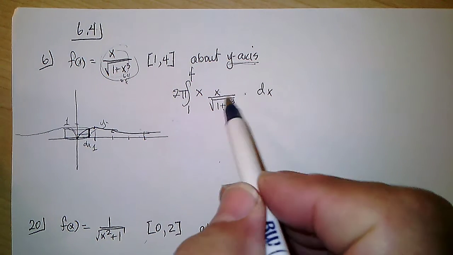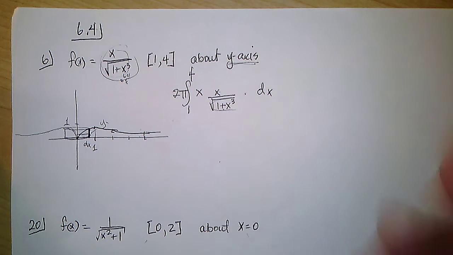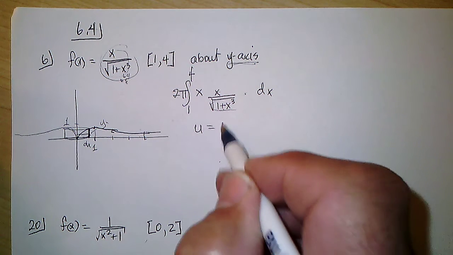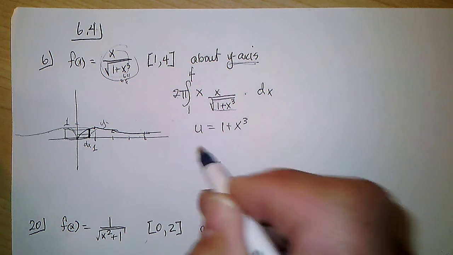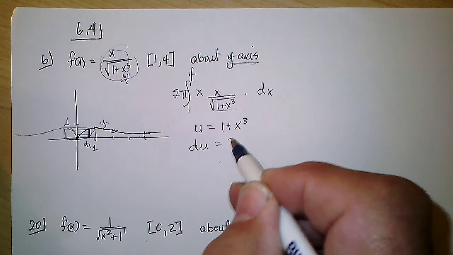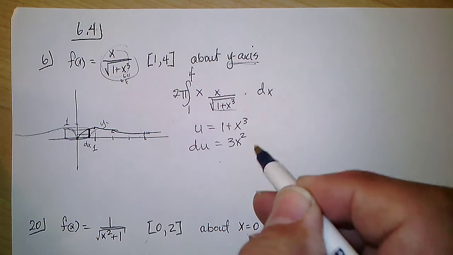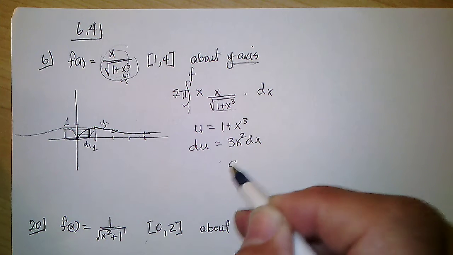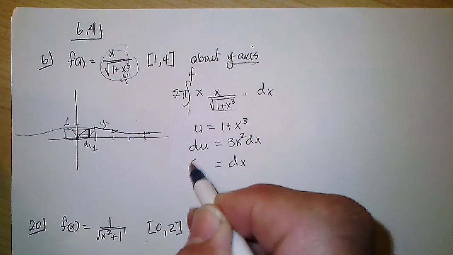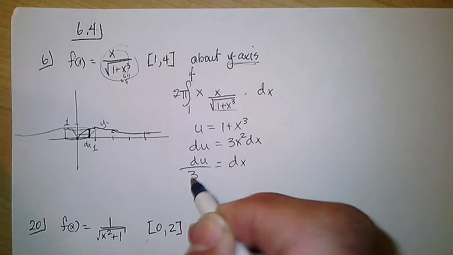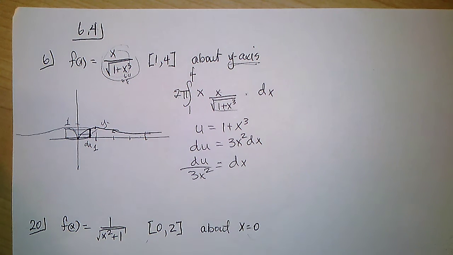So we got x squared over this with a 2 on it, if we want to put the 2 in there. But I'm just going to let the inside of this be u. du would be 3x squared dx. dx is du over 3x squared.